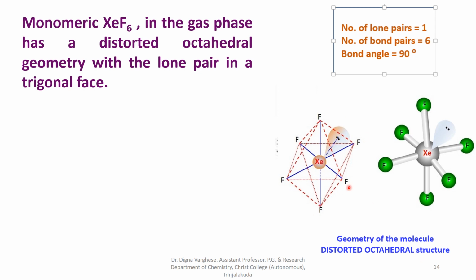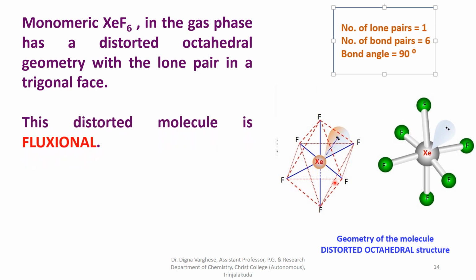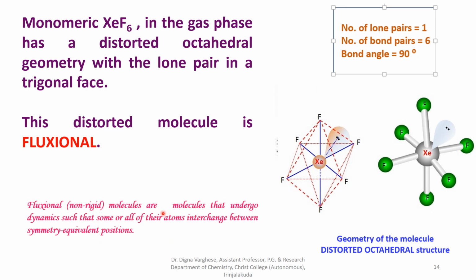This molecule lacks perfect octahedral structure, and this distorted molecule is a fluxional molecule. Fluxional molecules are molecules that undergo dynamics such that some or all of their atoms interchange between symmetry equivalent positions.